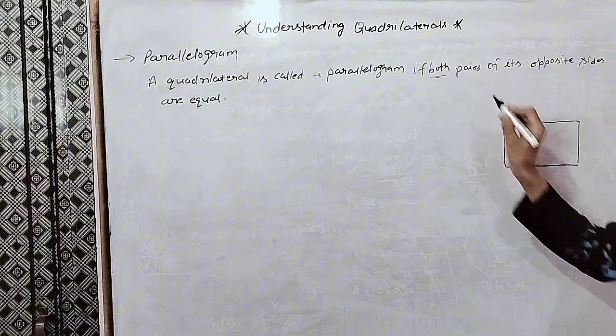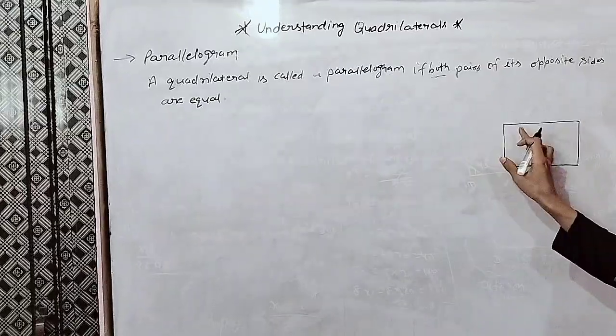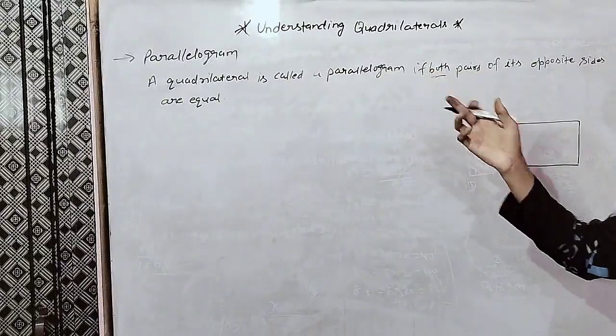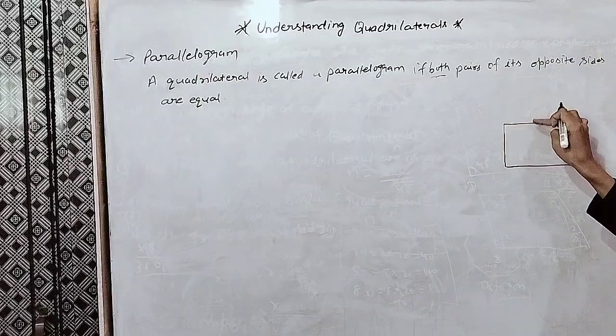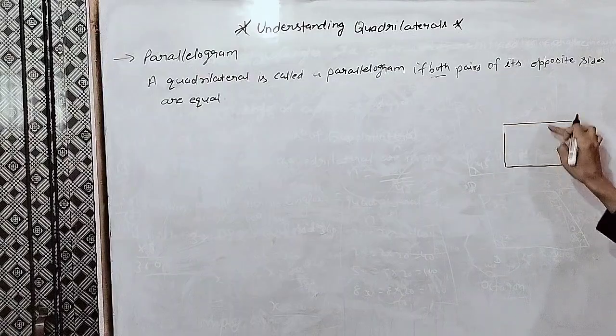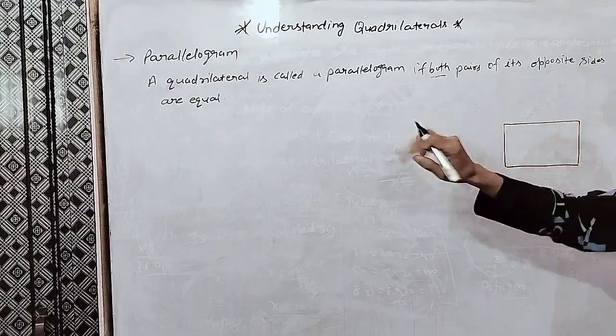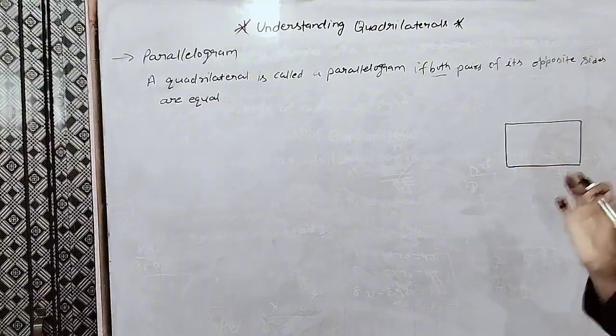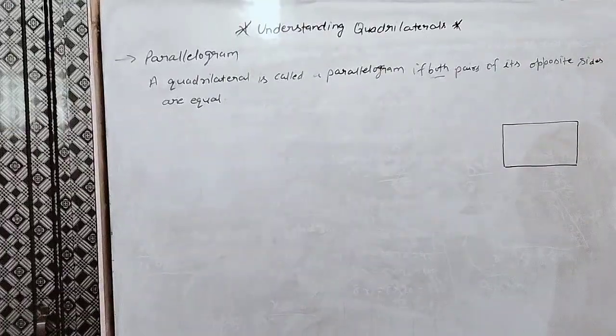This is the meaning of both pairs. Both pairs of opposite sides are equal, and this is the exact diagram of a parallelogram.